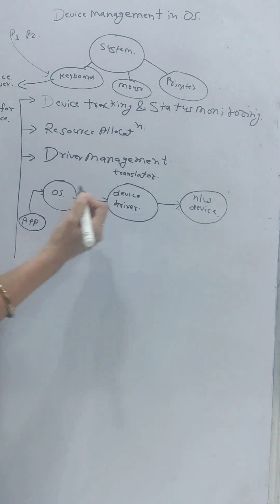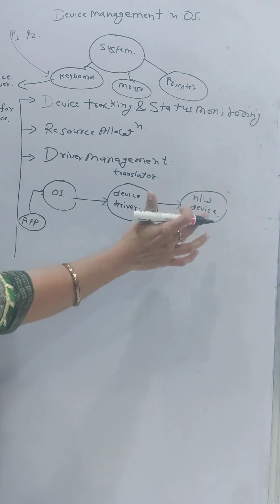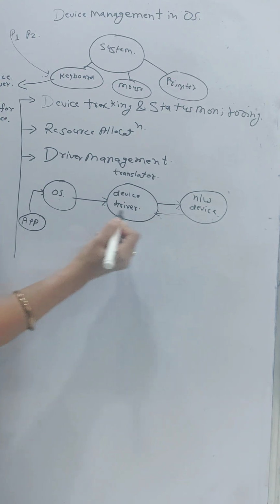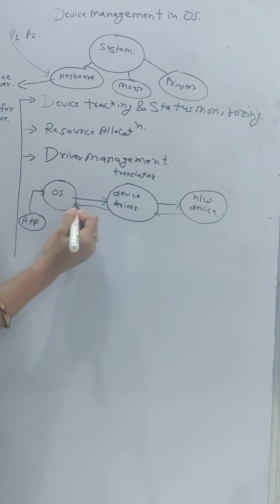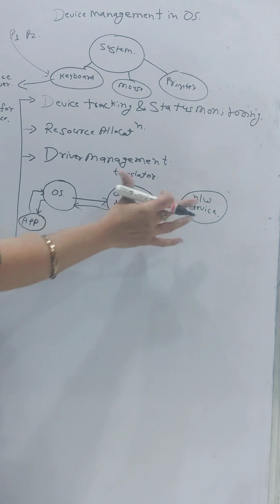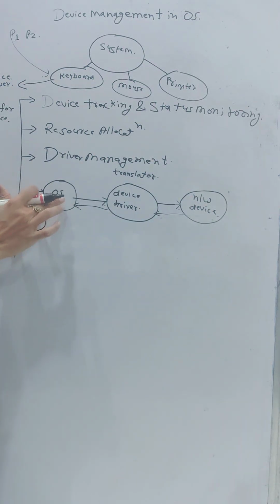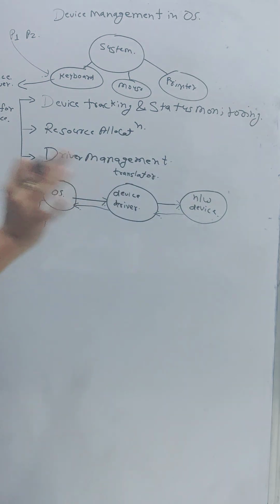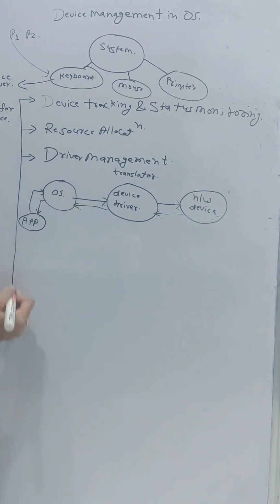Reverse communication will also happen: hardware will send data to the device driver, the device driver will send data to the operating system, and the operating system will send it to the application. So this is device driver management. With the help of the operating system, the application communicates with the device driver and executes the appropriate device.